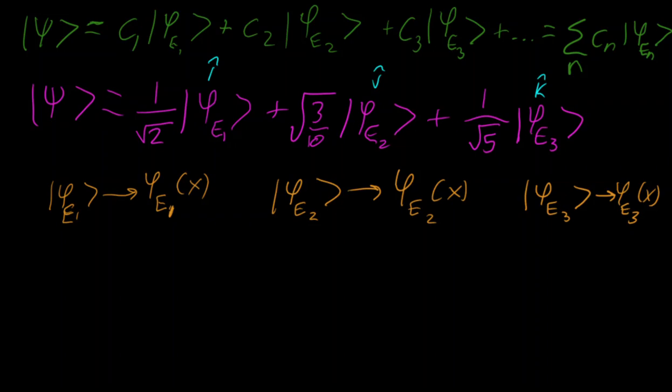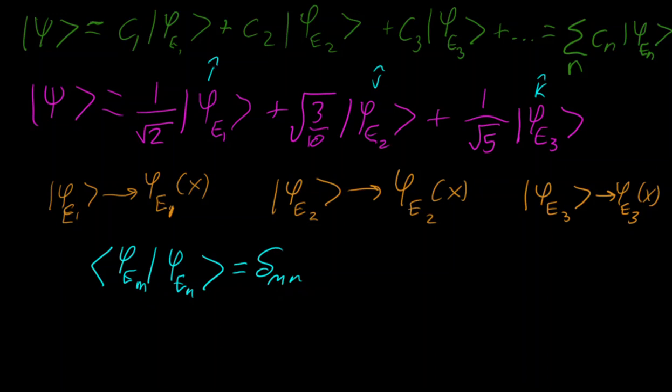They're orthonormal in a discrete basis. So we know that phi sub EM, inner product with phi sub En, has to be equal to delta Mn, the Kronecker delta, because these are discrete quantities. These are not continuous bases.